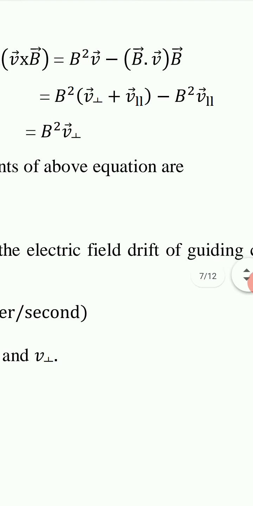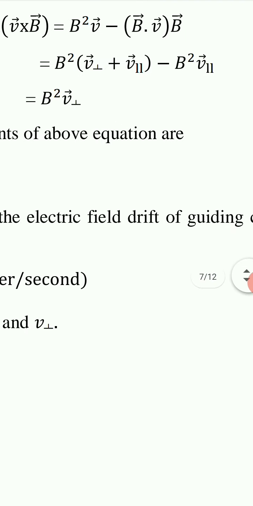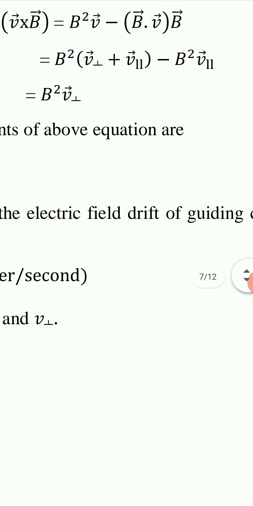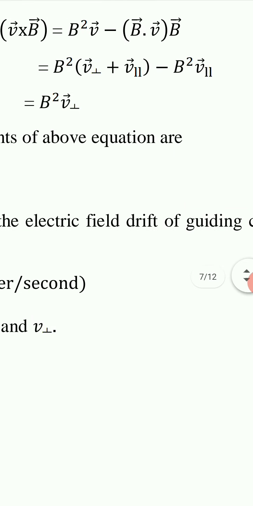Now we write V vector as V perpendicular vector plus V parallel vector. There are two components, parallel and perpendicular components. In the second term, we write the component of V parallel, and with this V parallel we have B square, and for the perpendicular component that vanishes.